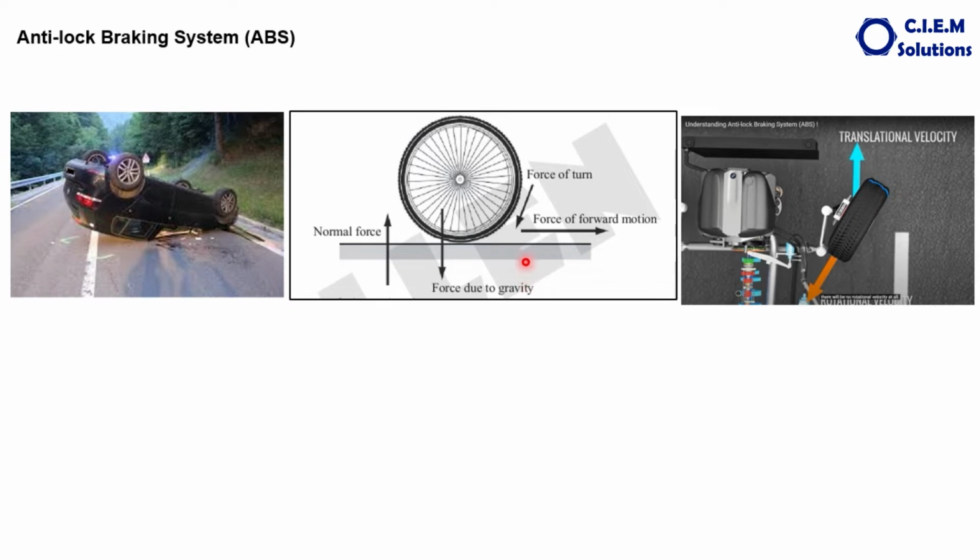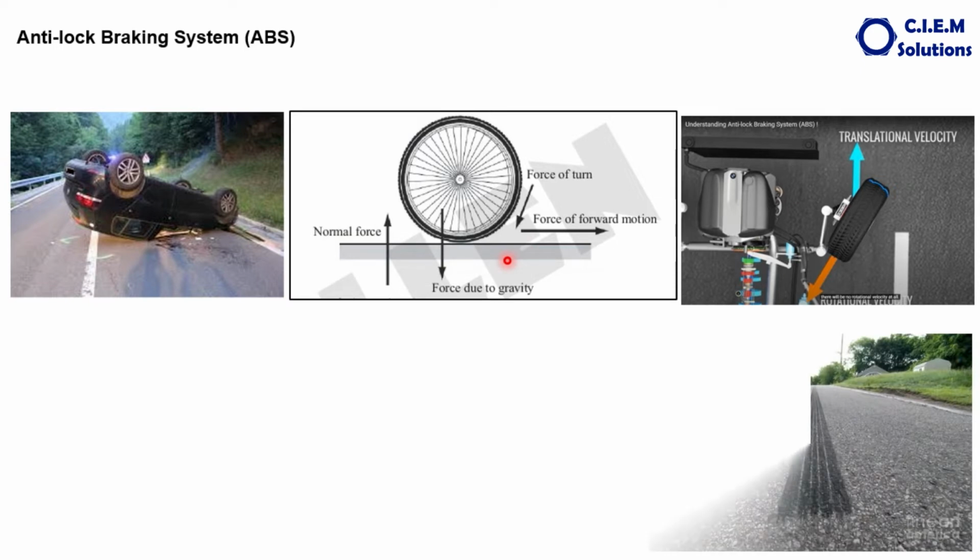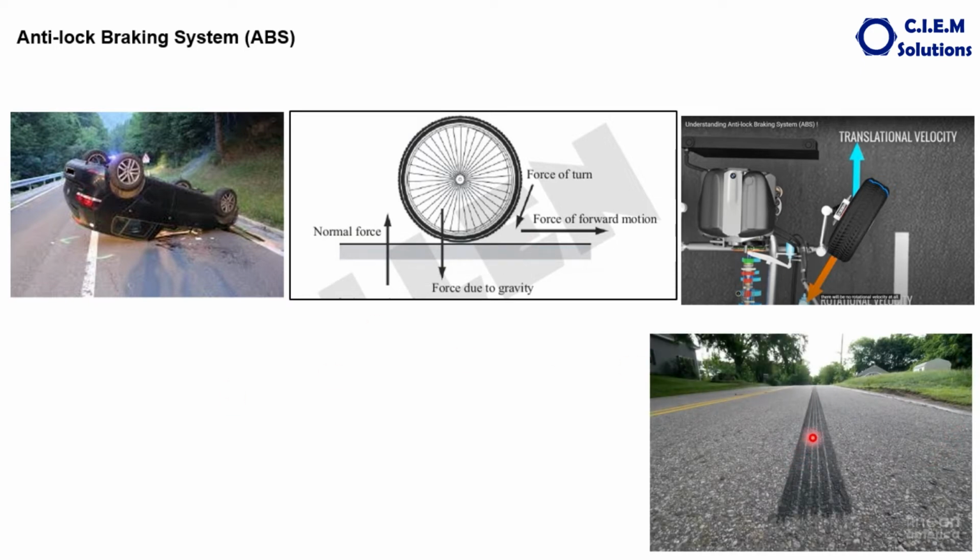If the wheel has to maintain proper grip over the road, the resultant velocity, that is the sum of the translational velocity and the rotational velocity, should be zero. Any difference between these two velocities leads to skidding or slippage of the wheel, like this. Why will there be a difference between these two velocities? It happens when we apply the brake on the rotating wheel.